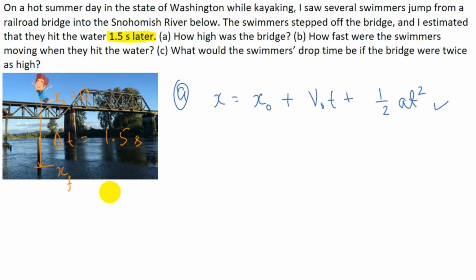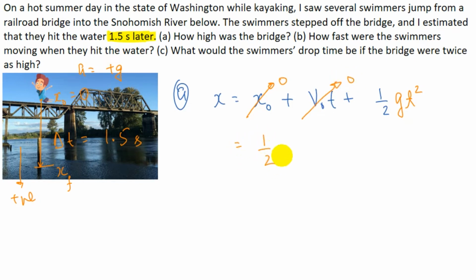Now the acceleration in this case would be the acceleration due to gravity, and we have taken this direction to be our positive direction, and the acceleration due to gravity is also in this direction. So a would be positive g, and we can replace a with positive g. Now we can put in the values. The initial position is 0, so this term would be 0. The initial velocity for the swimmer is also 0, so this term would also be 0.